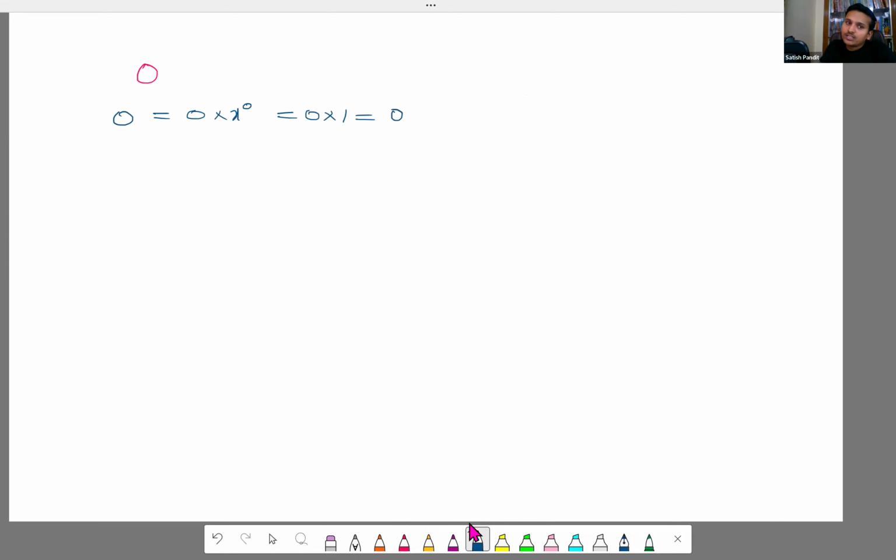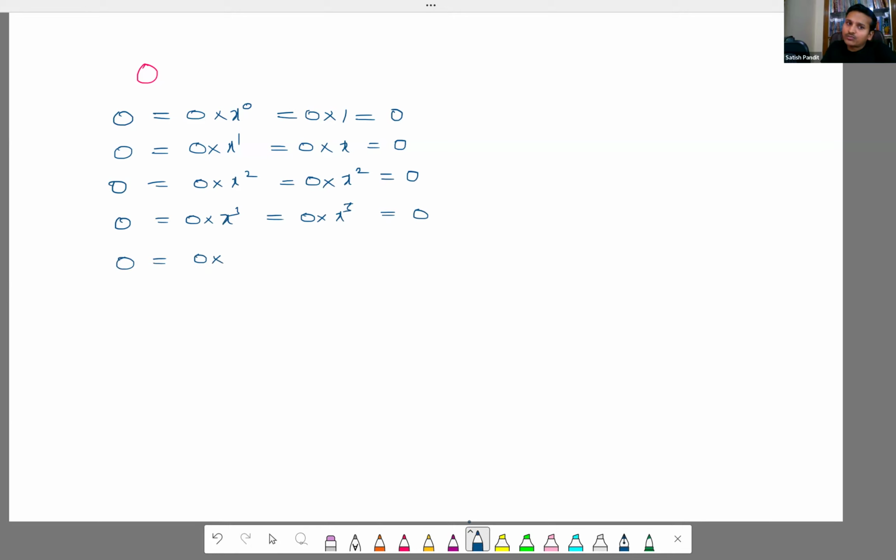I can write 0 as 0 into x to the power 1, which is 0 into x, which is 0. 0 as 0 into x to the power 2, which is 0. 0 as 0 into x to the power 3, which is 0. 0 into x to the power 100 is also 0. 0 into x to the power 1000 is 0.